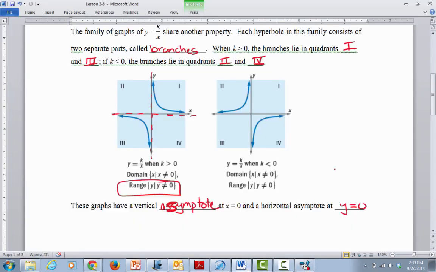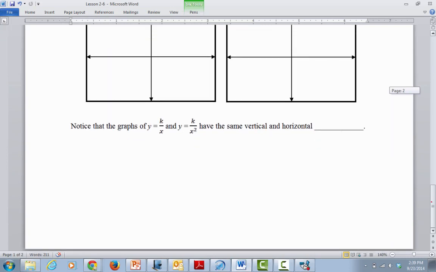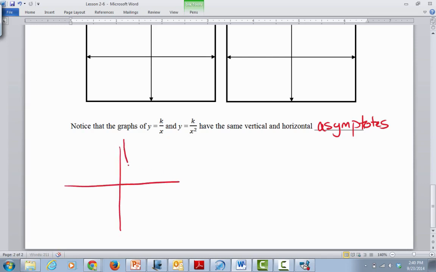Okay, last question on the bottom of the page. Notice that the graphs y equals k over x and y equals k over x squared have the same vertical and horizontal asymptotes, like I just said. So look, here's my k over x right here.